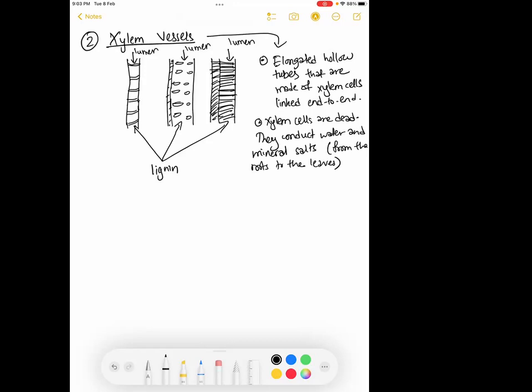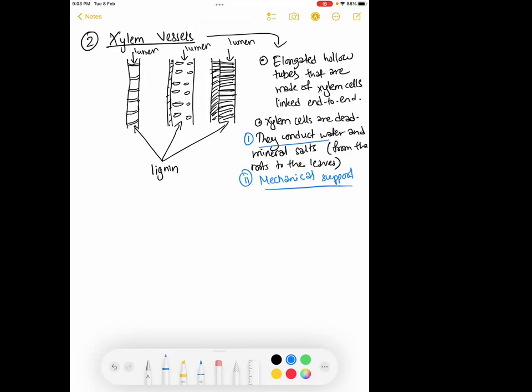So this is one of their functions. Another function is mechanical support. Okay, understood? Yeah. So they conduct water, but then they also support mechanically.